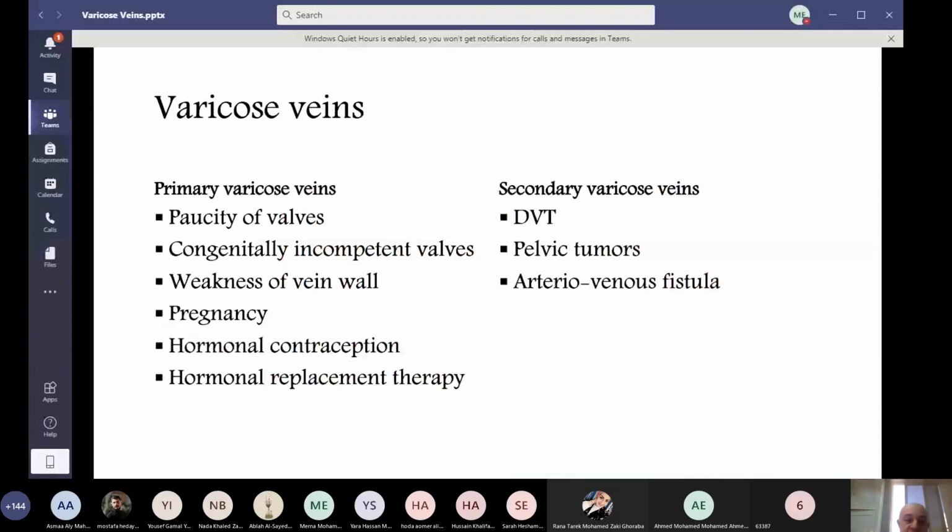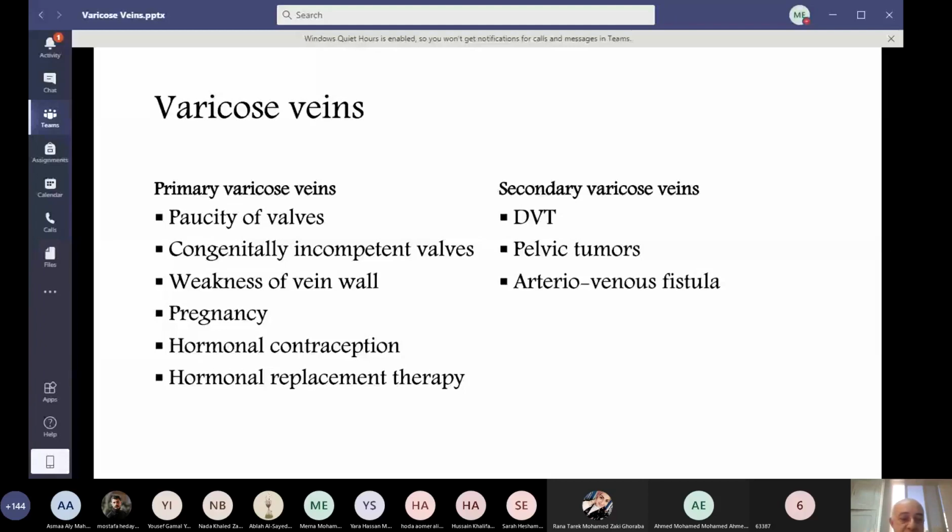Varicose veins, as I said in my introduction, are caused by derangement of pressure. There is an increased pressure inside the vein. This increase of pressure will lead to accumulation of blood inside the vein, and therefore the vein will be dilated, elongated, and tortuous. How could it happen?